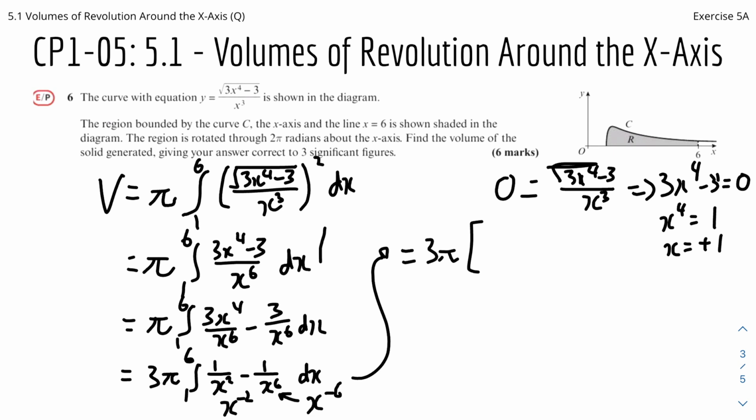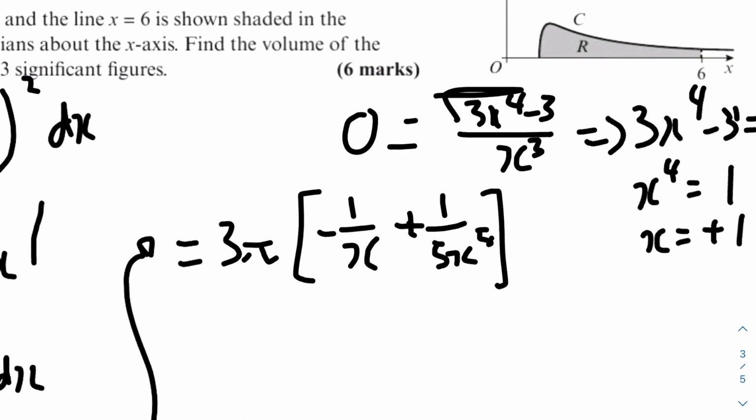So using the reverse chain rule, we know that this integral right here would be equal to minus 1 over x, and this one right here will be equal to x to the power of minus 5 over minus 5, which is equal to minus 1 over 5 x to the power 5. So the minus cancel out, so it will be plus 1 over 5x to the power 5, and write the bounds, which are 1 to 6, like so.